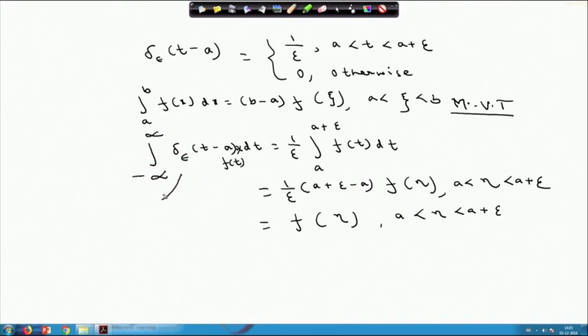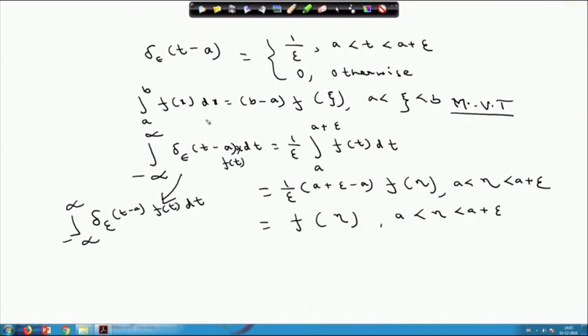So, this actually is nothing but integral minus infinity to infinity delta epsilon t minus a into f t dt. This equals 1 by epsilon times the integral of f t dt, but the value of this function is such that in a to a plus epsilon it is 1 by epsilon, and for all other intervals it is 0. So, directly we have written 1 by epsilon integral a to a plus epsilon f t dt.